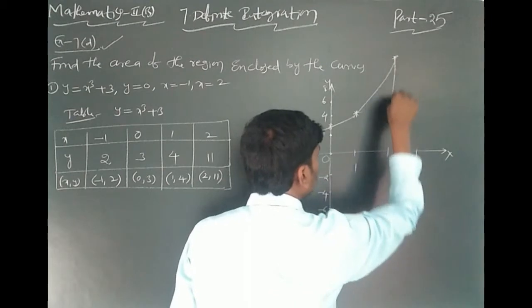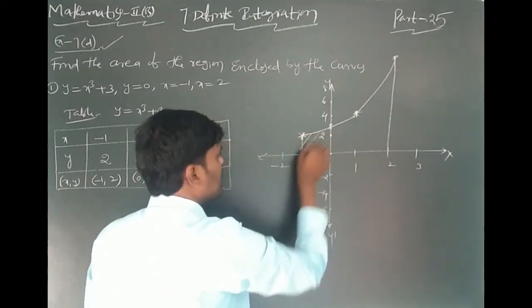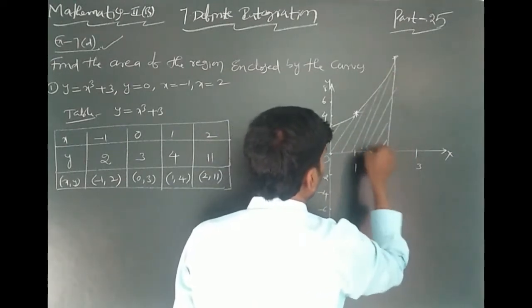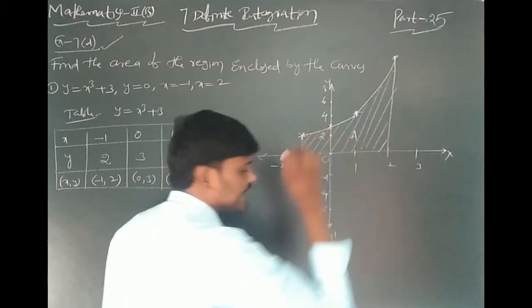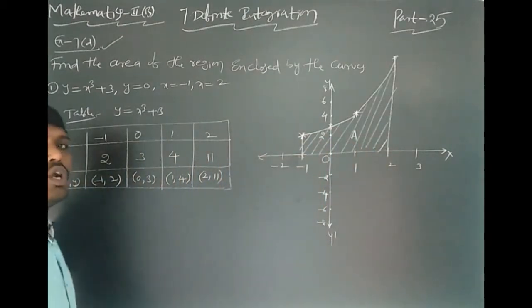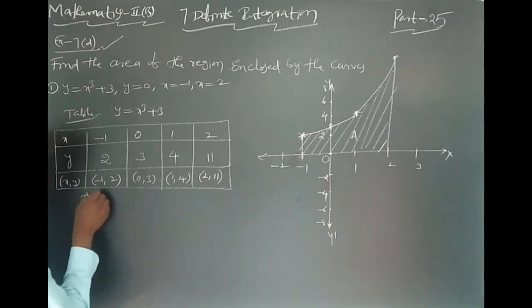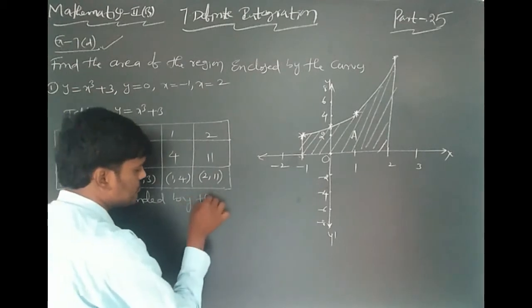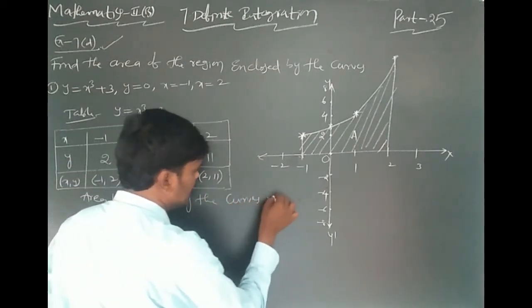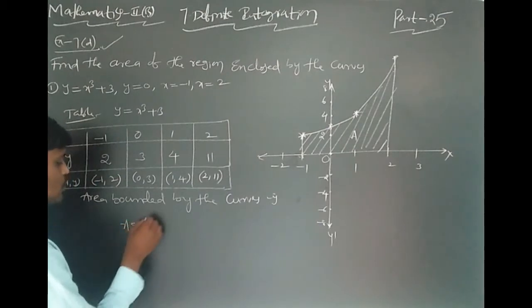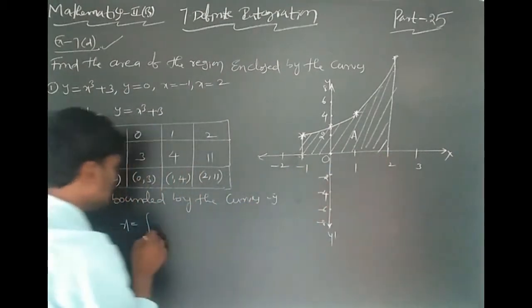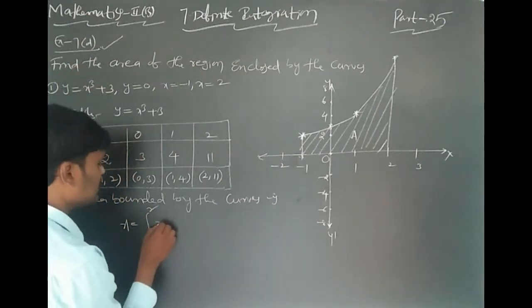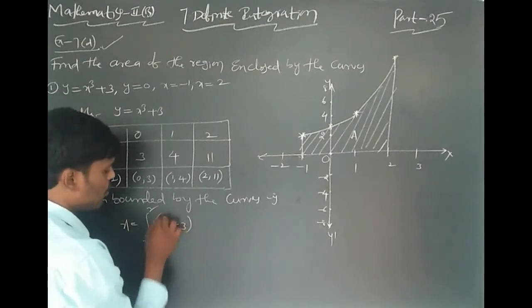After that you get the total area bounded by the curve in the interval minus 1 to 2. Here the area bounded by the curves is A is equal to the integral from minus 1 to 2 of x cube plus 3, whole dx.